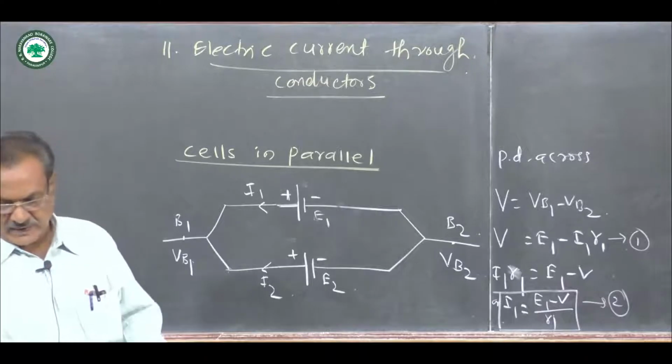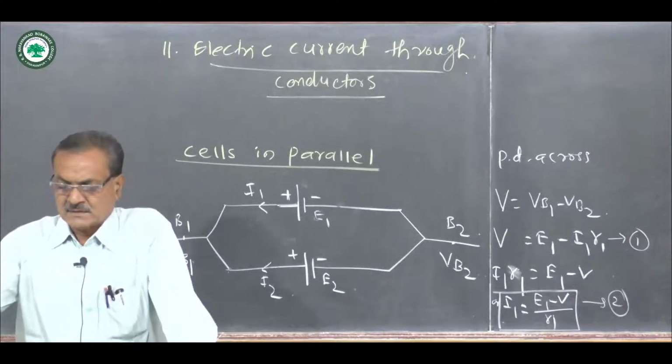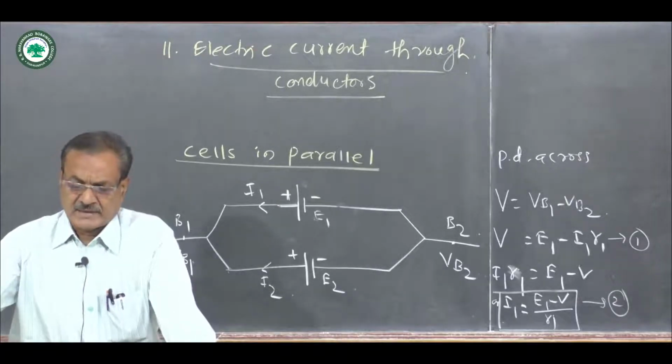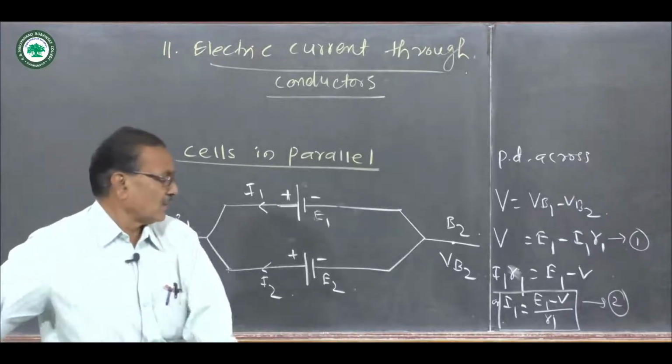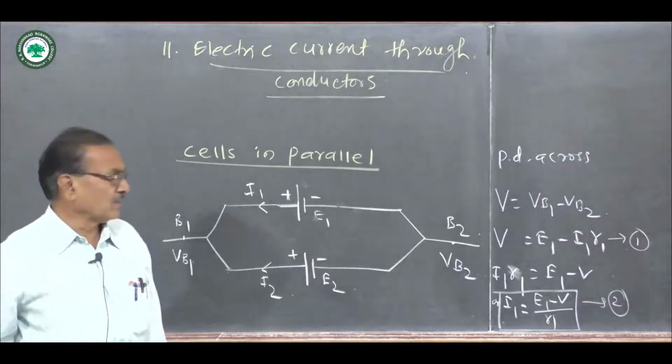Here points B1 and B2 are connected exactly similarly to the second cell. Hence for the second cell also, the potential V is equal to VB1 minus VB2.